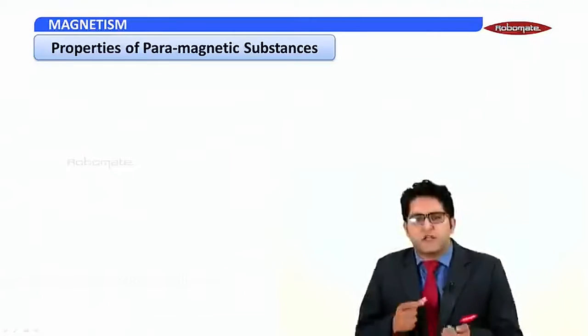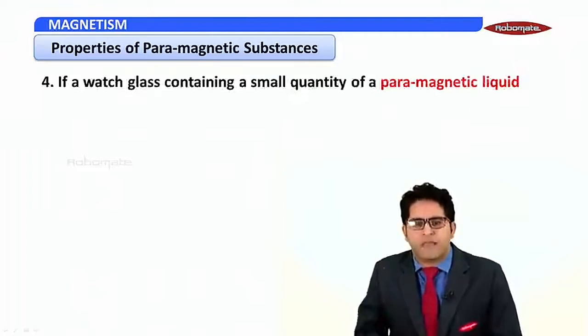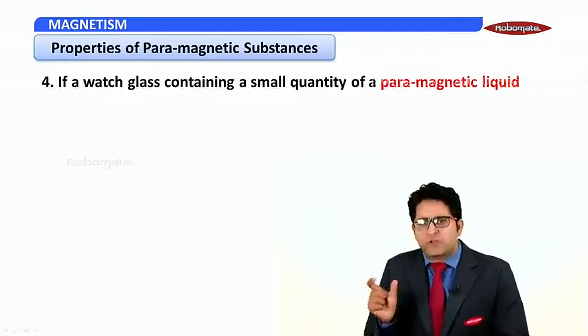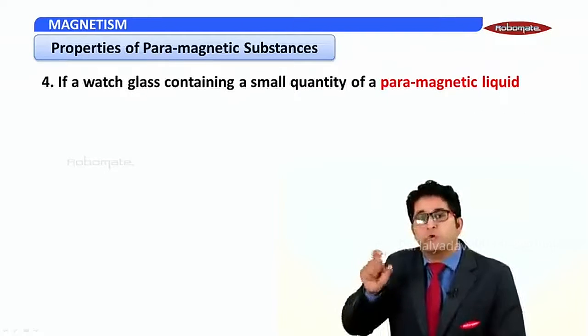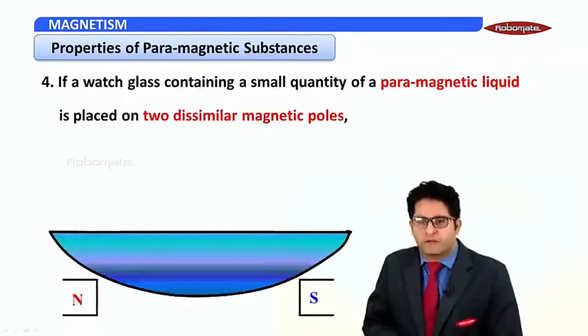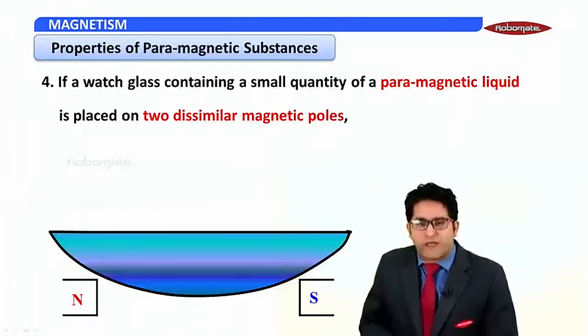Consider a watch glass containing a paramagnetic liquid, kept over two dissimilar poles of a magnet.